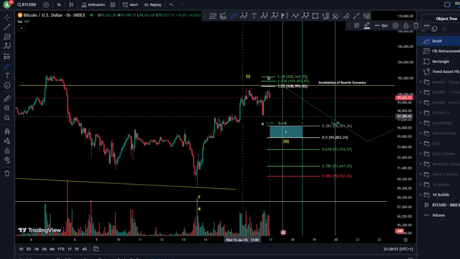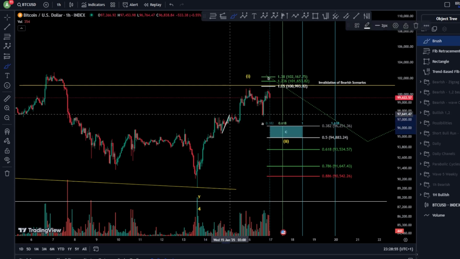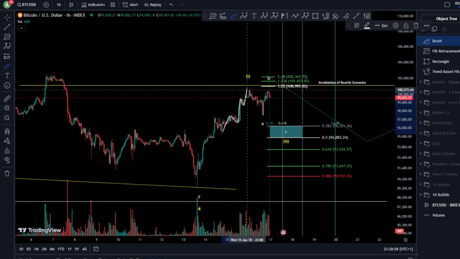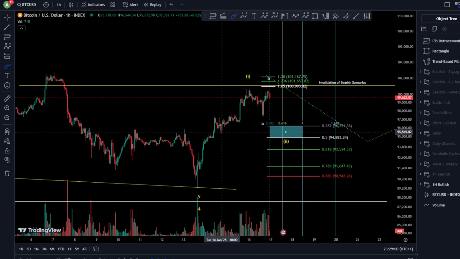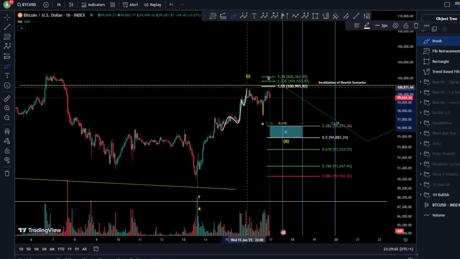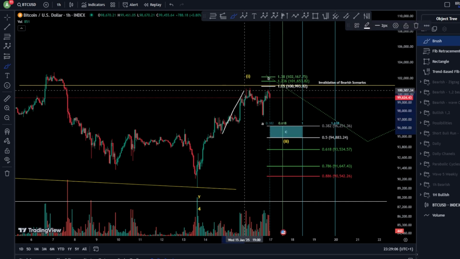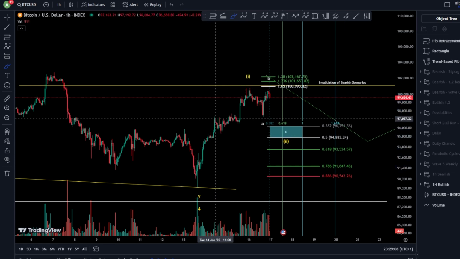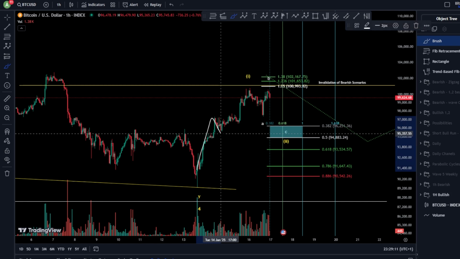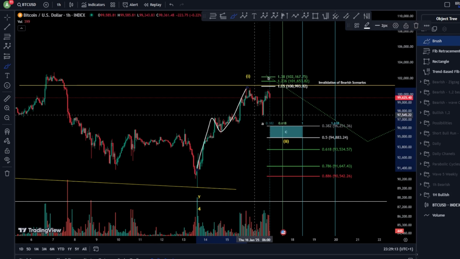Now your wave 4 is very short in timing, but it has never been an invalidation, and it looks perfect as a wave 4 as an impulse, right? It looks nice. So we can consider that this is our wave A, our wave B, and our wave C, forming an ABC of course as a zigzag.